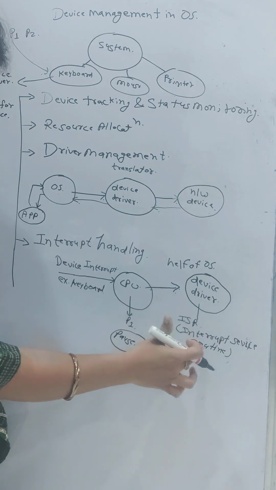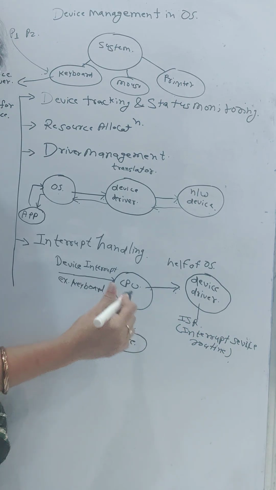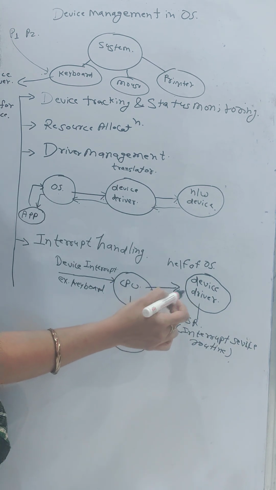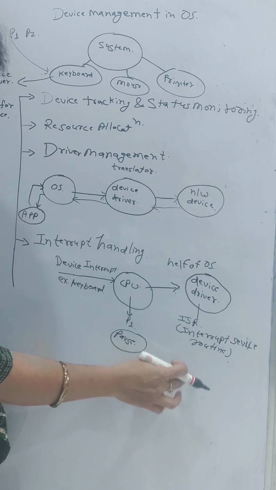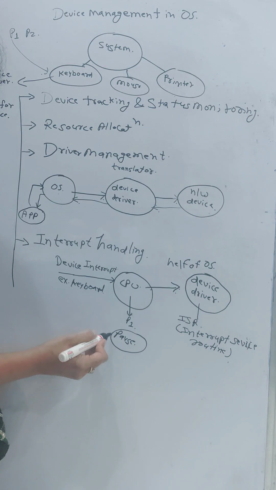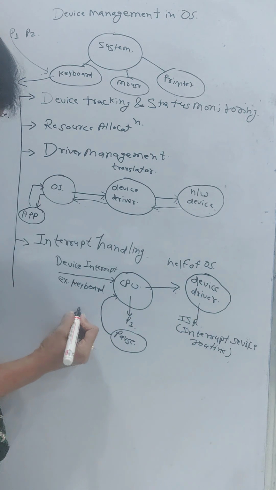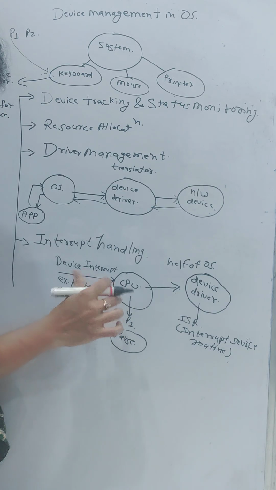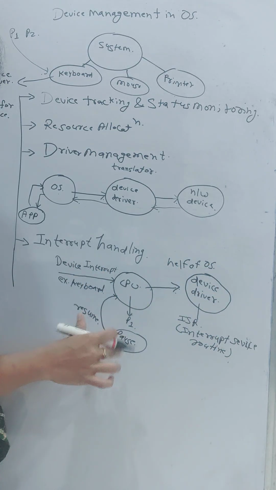This interrupt service routine is a block of code for handling the interrupt. After executing this, the CPU will come back and resume process P1. After handling the device interrupt, the CPU again continues executing process P1.